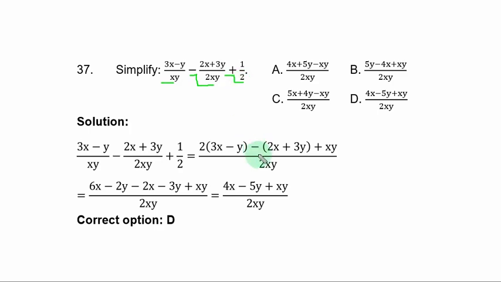And that LCM is 2sy. This is what happens next. You divide the LCM by each denominator and multiply your answer by the numerator. So you have 2sy divided by sy, you have 2 times this numerator. The same, 2sy divided by 2sy, you have 1.